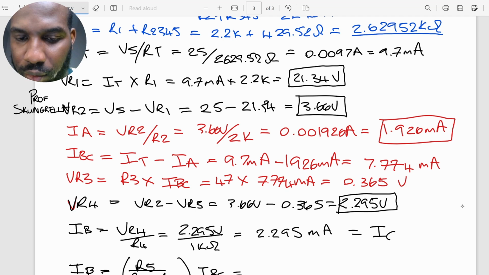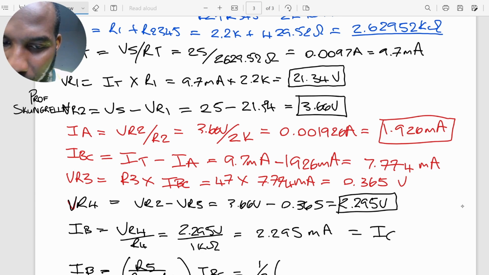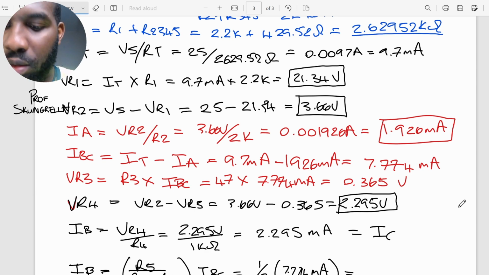And that gives us 1/2 times 7.74, which gives us 3.887 milliamps.